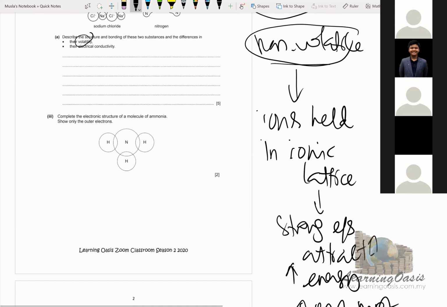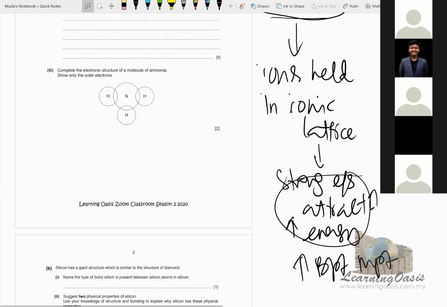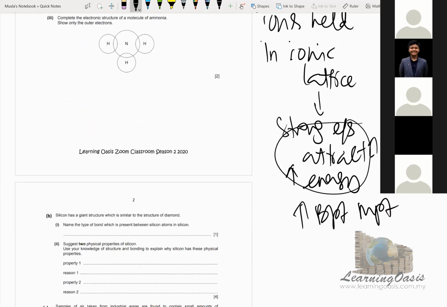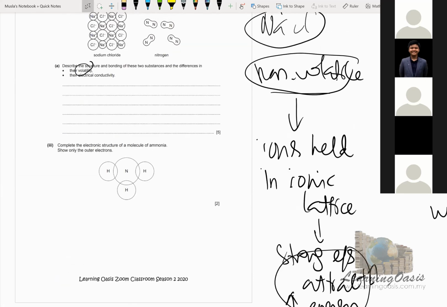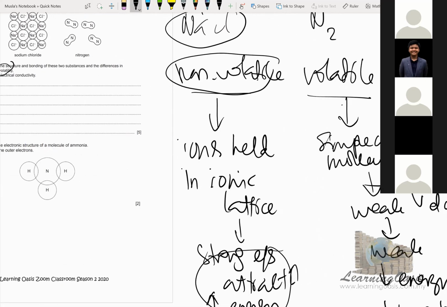Then you mentioned the strong electrostatic attraction. What's the consequence of it? It requires a large amount of energy, so high boiling and melting point. Then nitrogen: when you mention this is a simple covalent molecule with weak van der Waals forces between them, you are mentioning structure and bonding again.